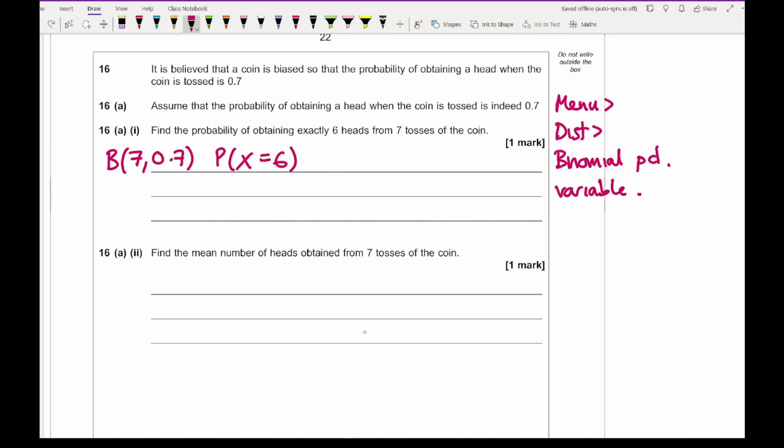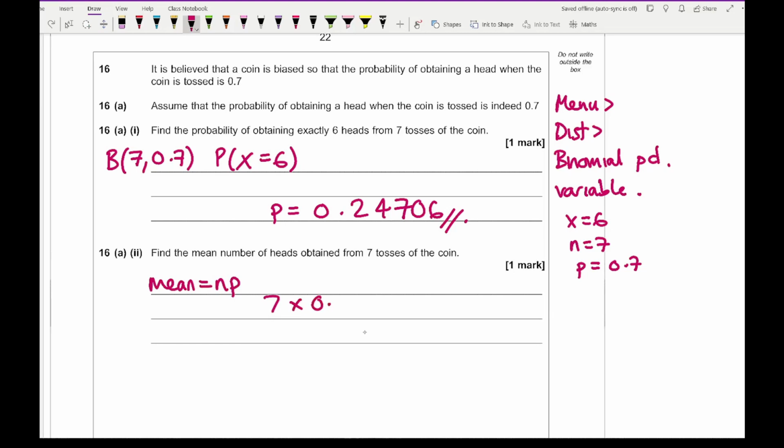Then if I set up my parameters of x equals 6, n equals 7 and p equals 0.7, I should get the correct answer of 0.24706. Then for 16aii, it says find the mean number of heads obtained from 7 tosses of the coin. The mean on a binomial distribution is np, so it's 7 times 0.7, which is 4.9.